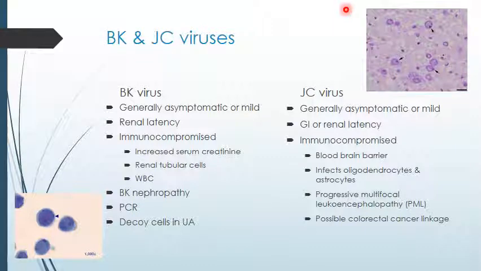And then what happens with reactivation is JCV will cross the blood-brain barrier and it'll infect the oligodendrocytes and the astrocytes of the brain. There's a receptor on those cells that will accept JC.